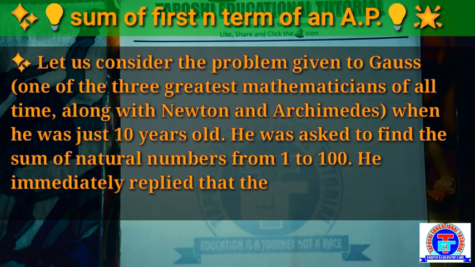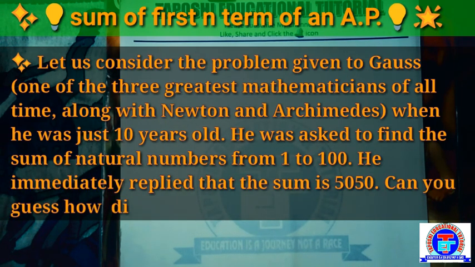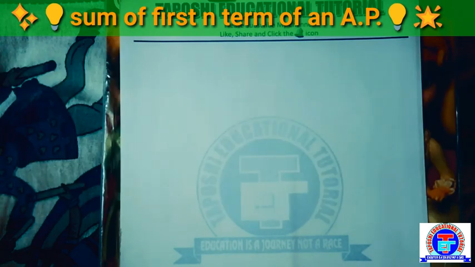When he was just 10 years old, he was asked to find the sum of natural numbers from 1 to 100. He immediately replied that the sum is 5050. Can you guess how he did it?